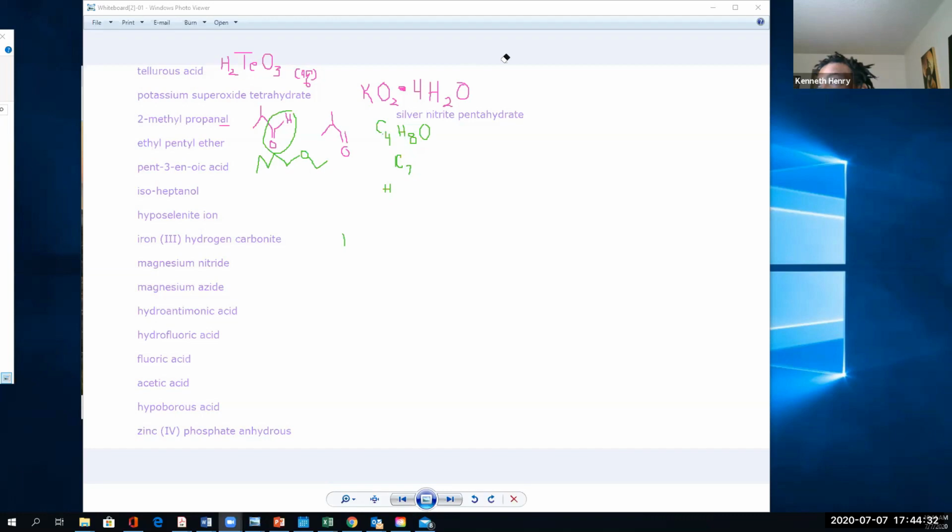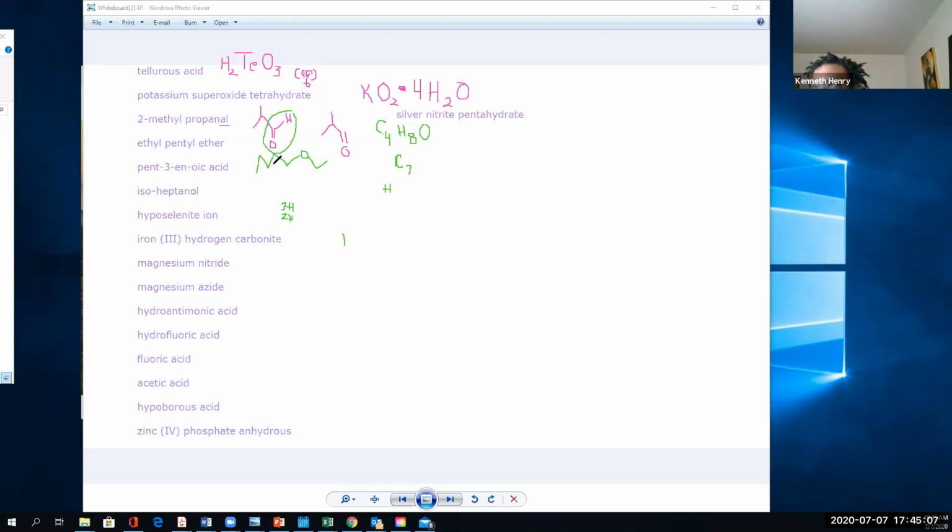Is that correct? Because remember, 4 attachments. So this same carbon, to make it have 4 attachments, it needs 3 hydrogens. The center one has 2 attachments already, so how many more will make it complete for its 4 attachments? 2. This one is also going to be the same, and this one, and this one, and this one.